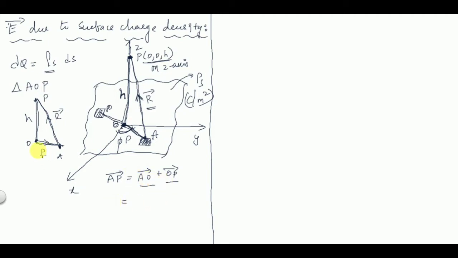So what is AO bar? AO bar is along OA, its value is rho. In vector form it will be rho a rho cap.